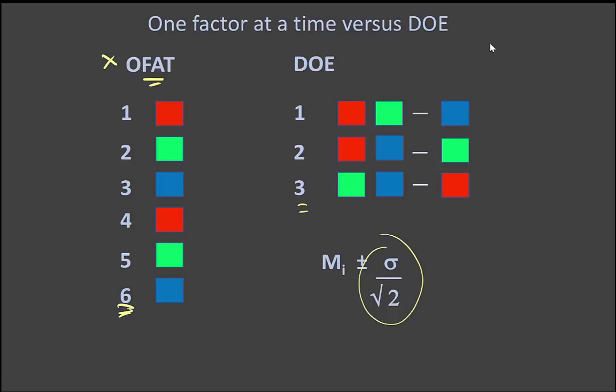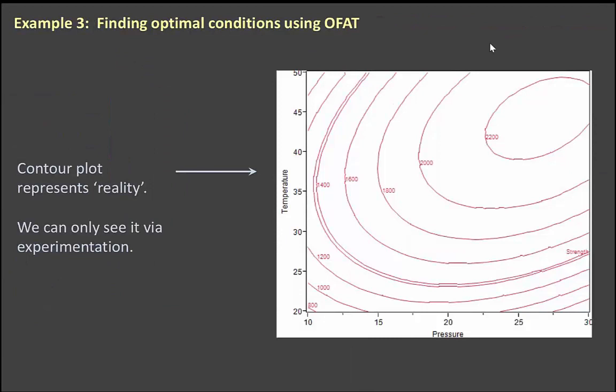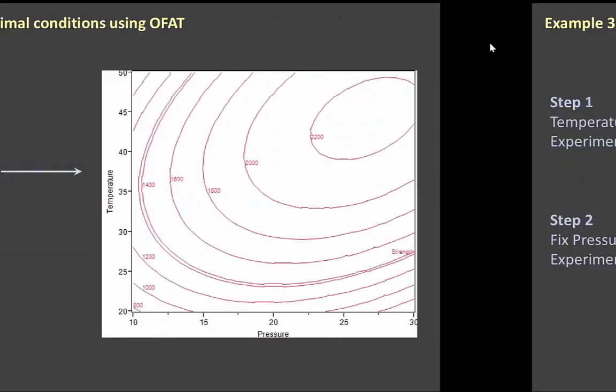There's another argument, which is a more common argument you will see, which is to do with how we do optimization. So let's look at this third example. And let's imagine this contour plot is the expression of a reality, but it's a reality we can only discover through experimentation. So let's try and do that experimentation.